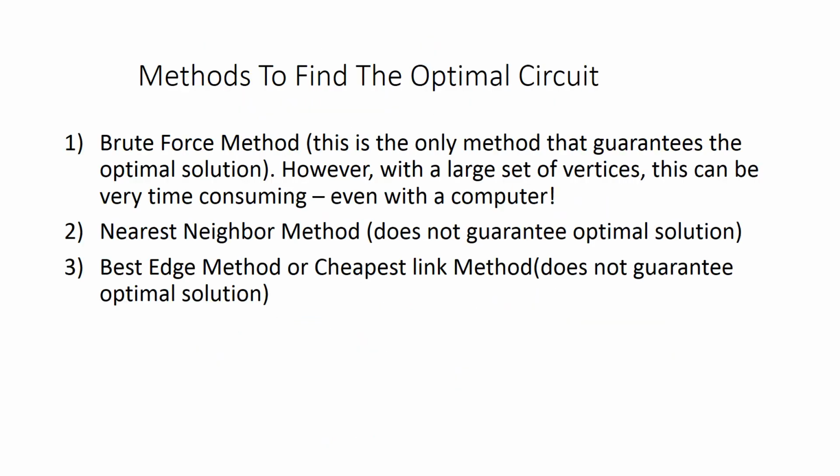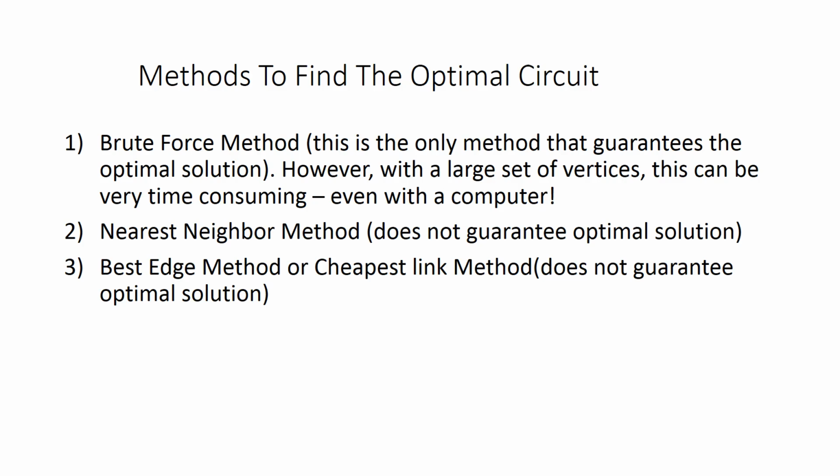So we have different methods to find the optimal circuit. The first one is the brute force method, and you can tell by its name that usually brute force is going to mean very time consuming. This is the only method that guarantees the optimal solution.